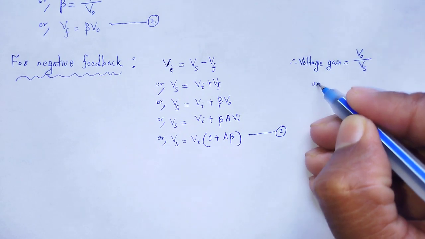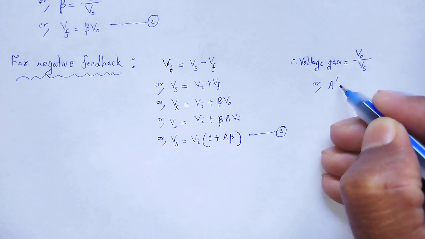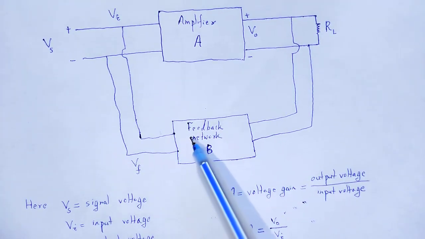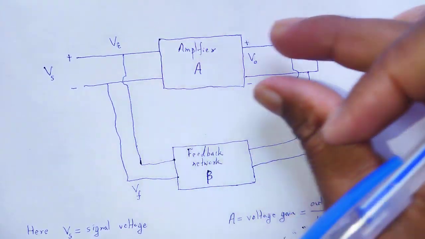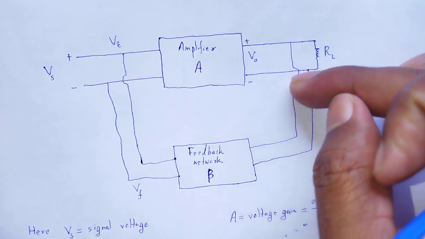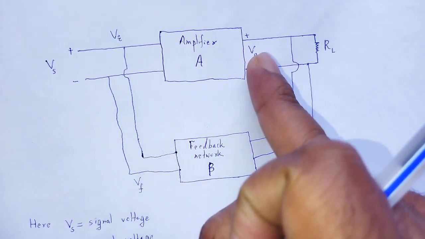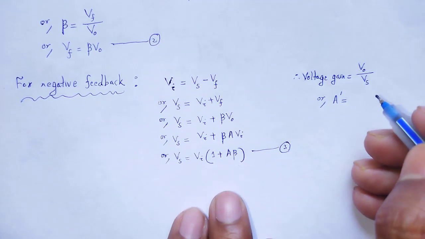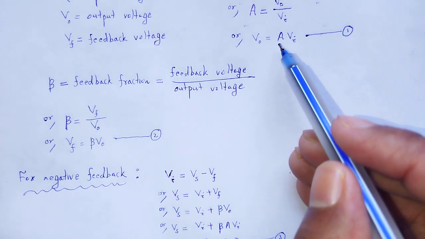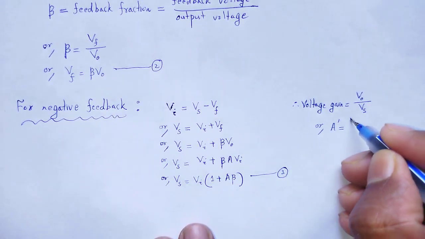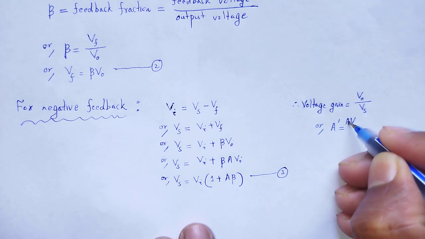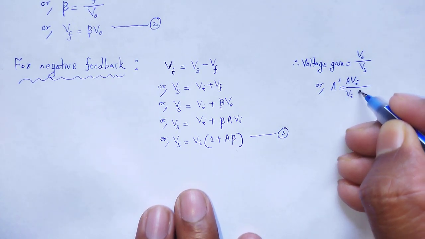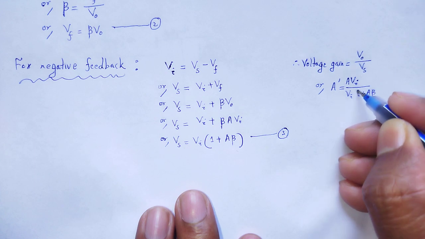When negative feedback is applied, the gain is the output voltage Vo divided by Vs. So Vo is A times Vi, divided by Vs, which is Vi times 1 plus A beta.